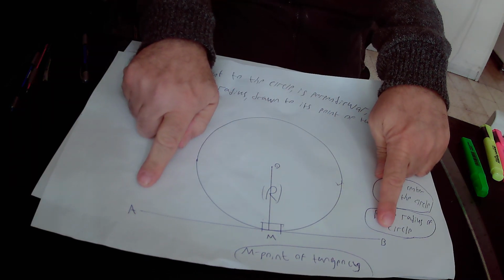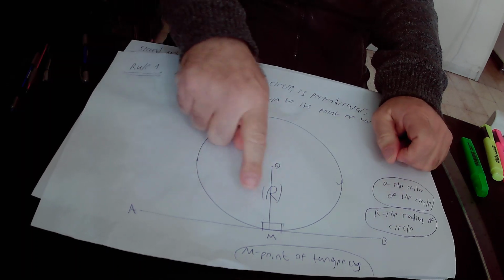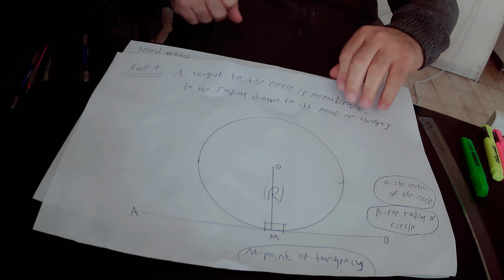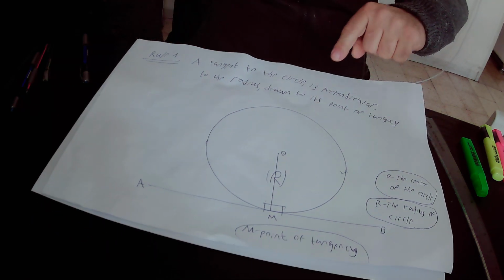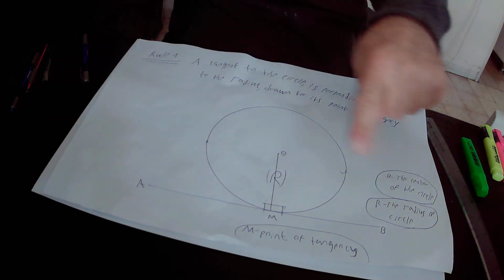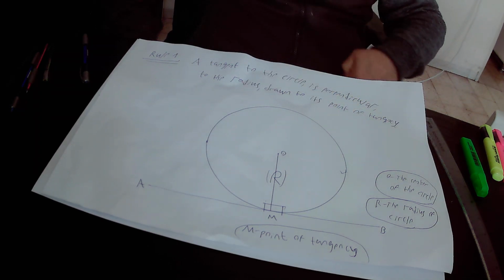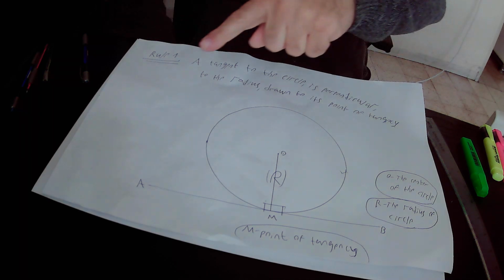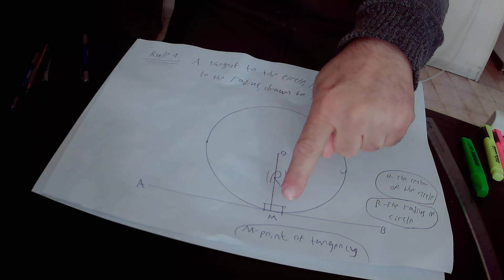This is tangent AB, that is tangent to this circle at point M. Point M is the point of tangency. And we also have the radius OM that is drawn to point M, that is the point of tangency of tangent AB with this circle. And whenever you have a radius that is drawn to the point of tangency, then tangent AB will be perpendicular to the radius MO.